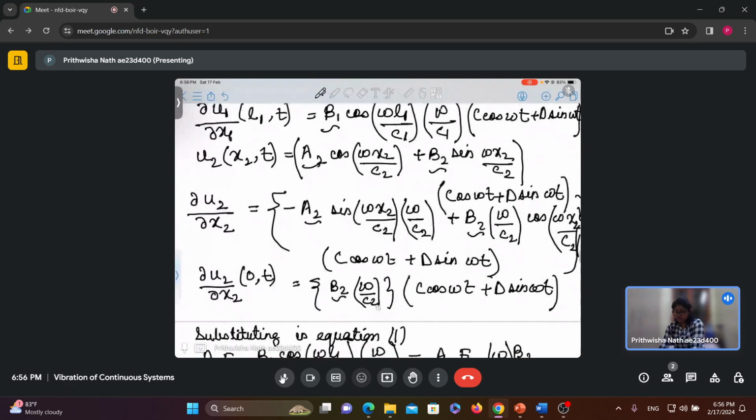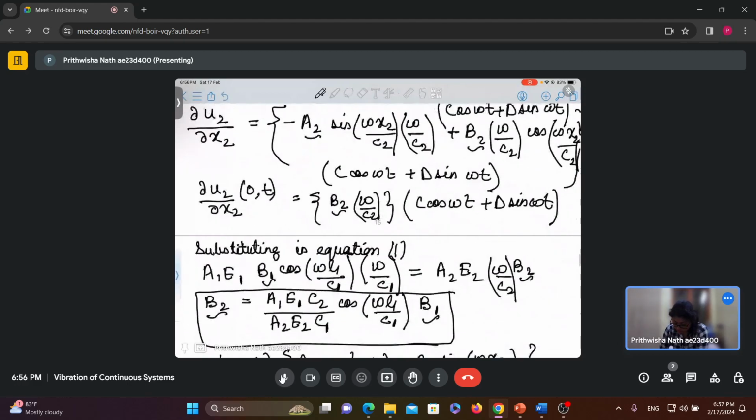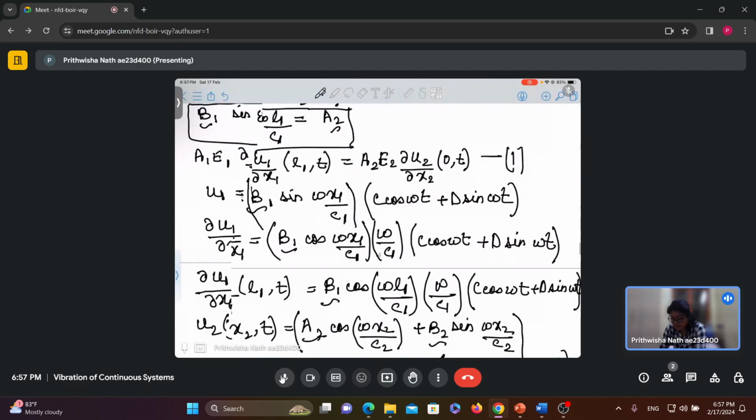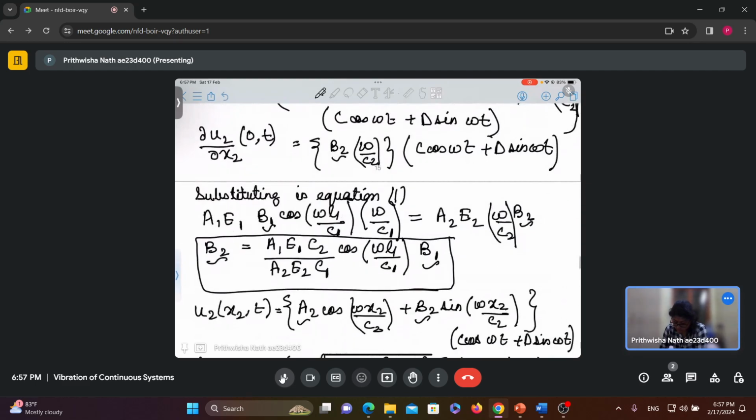Similarly, here also for x2 we substitute 0. Now this is the final equation. Now I substitute all these things in equation number 1. That is this equation. So finally I get a relation between B2 tilde and B1 tilde, which is this equation.